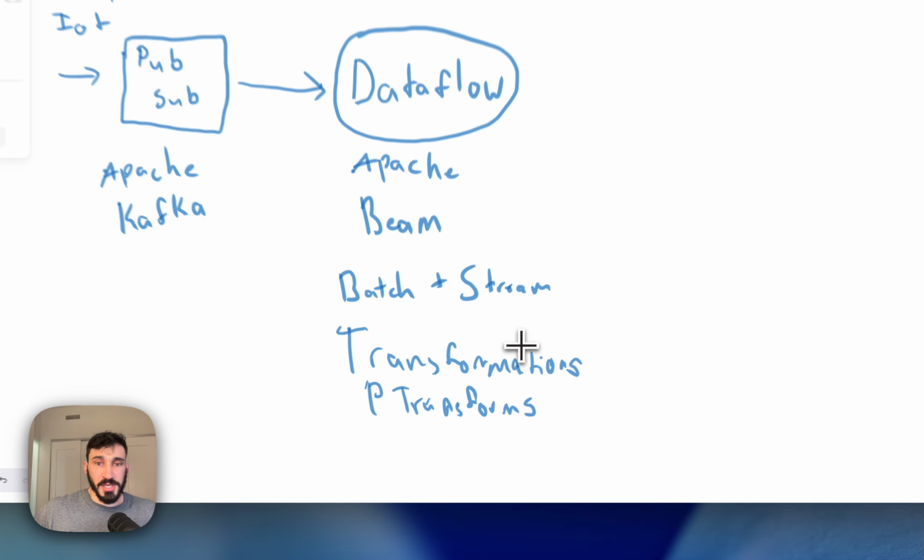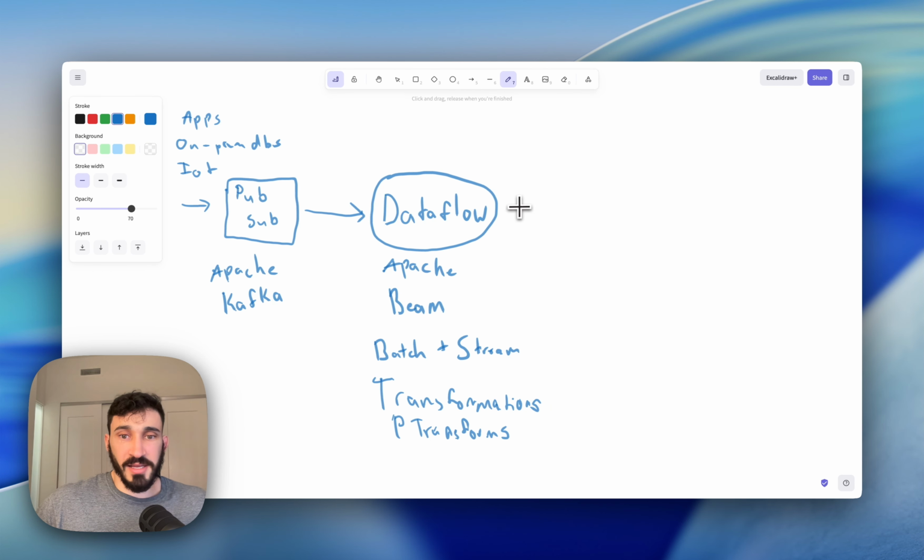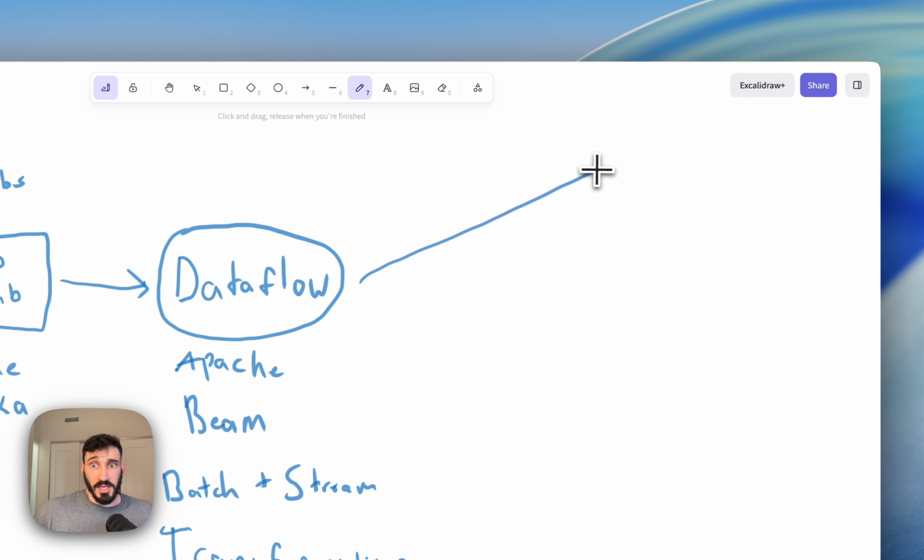And so especially with large amounts of data, like massive data sets, Dataflow is going to handle the transformations of that data before the data goes to its final destination, which is usually a database. And actually the most common pattern is going to be PubSub to Dataflow to BigQuery. And BigQuery is GCP's data warehouse.